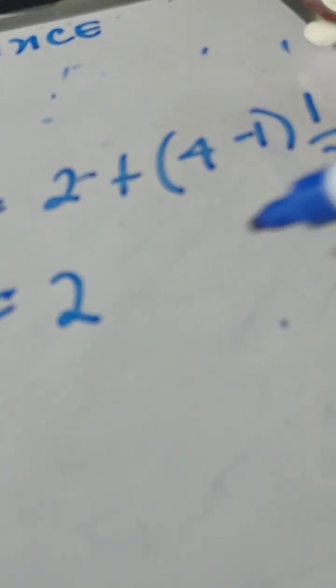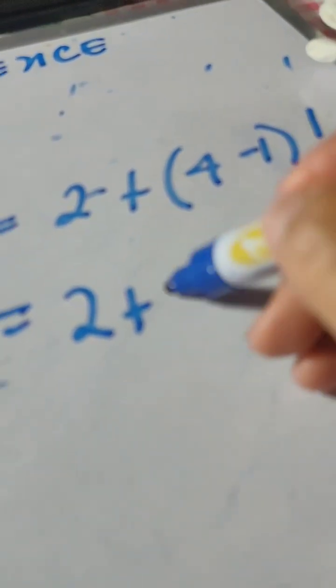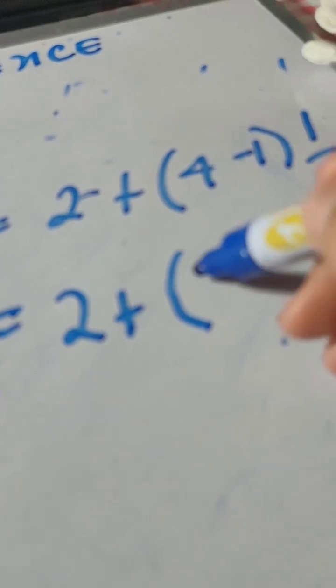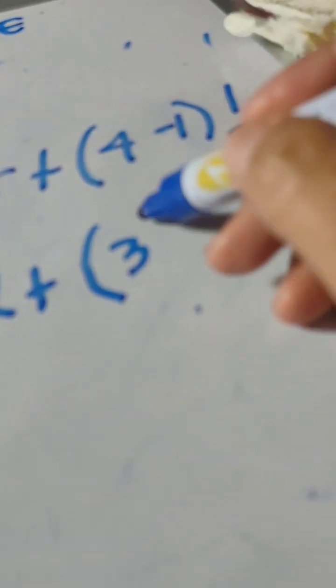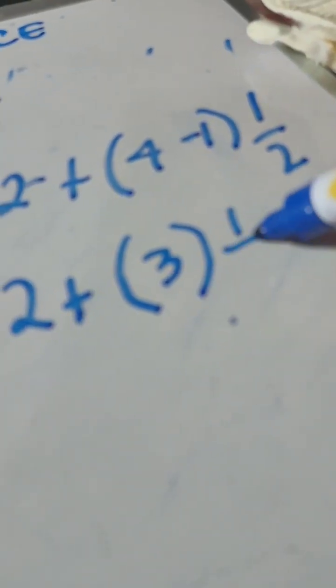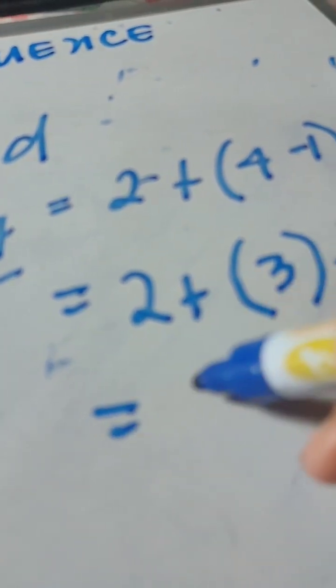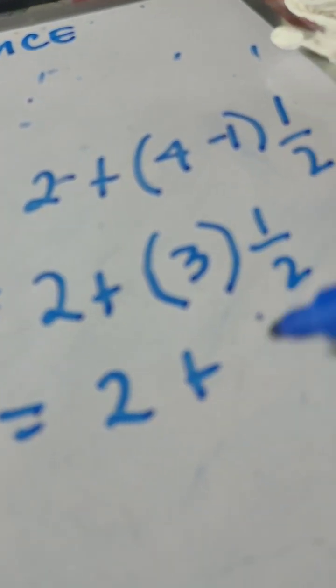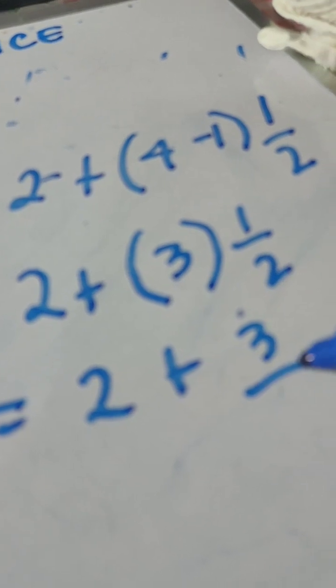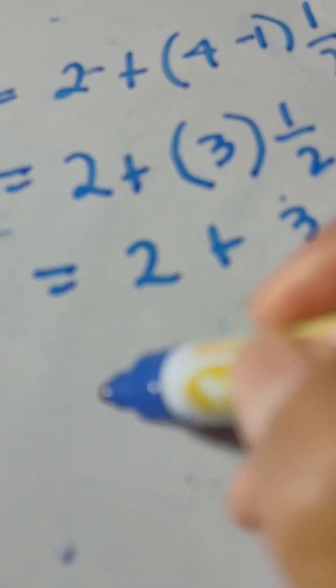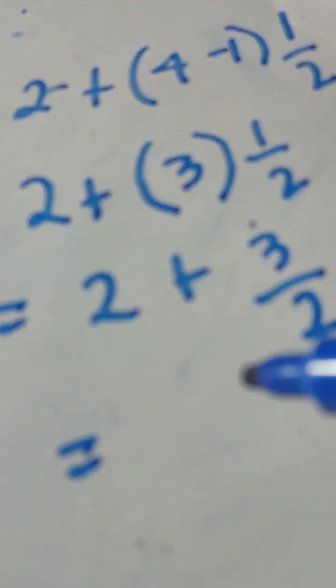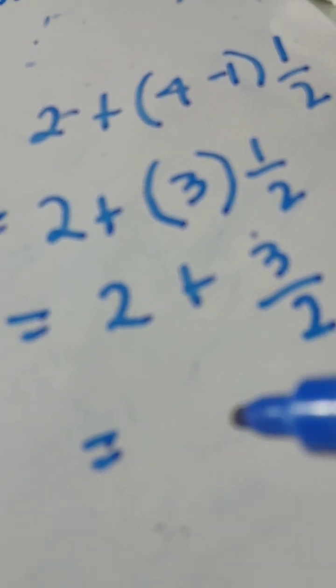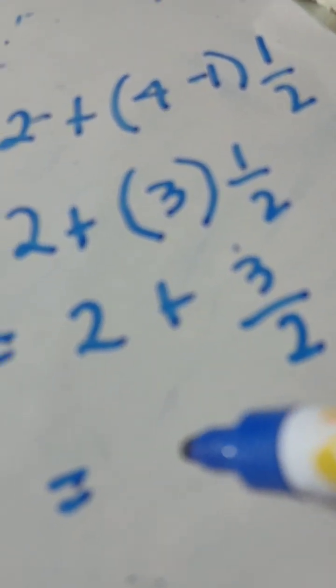So, we'll write 1 half here. Okay. Now, 2 plus, what is 4 minus 1? That is 3. Times 1 half. So, we can have 2 plus 3 times 1 is 3 over 2. Again, what is the other name for 2 to write a similar fraction with 3 halves?